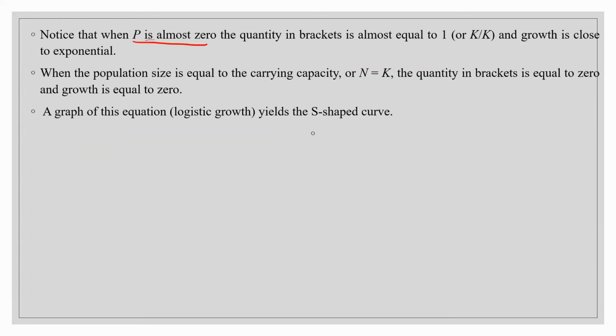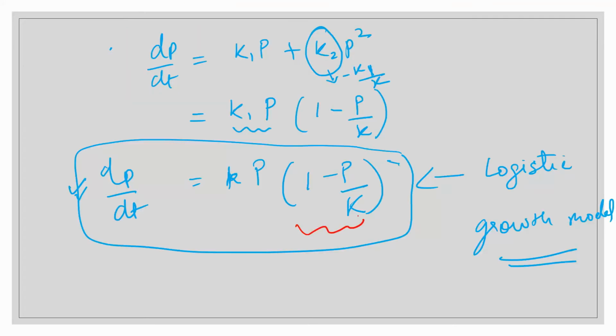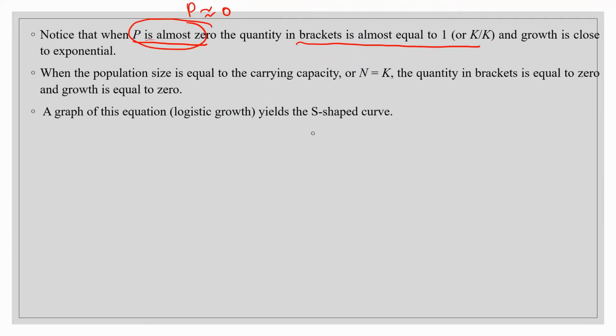You must have noticed that when p is near to 0, the quantity in the bracket is nearly equal to 1, and the growth is exponential. And when the population p is around equal to K, the bracket is approximately equal to 0 and the growth is equal to 0.